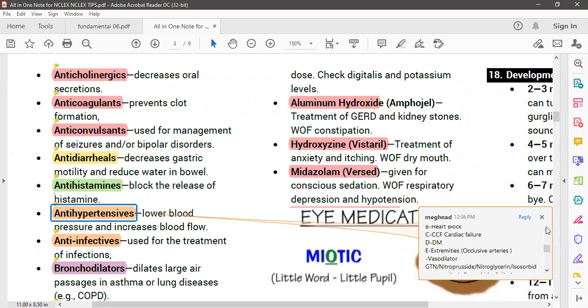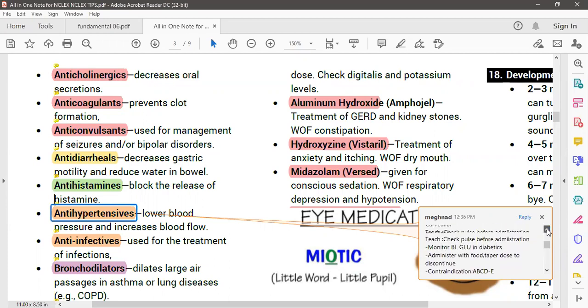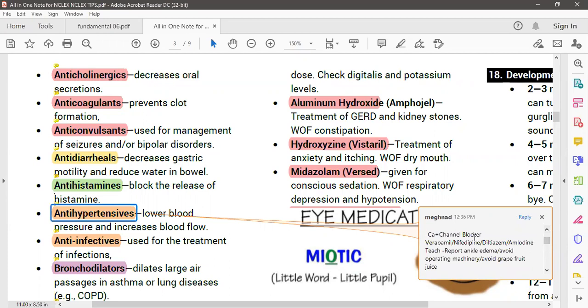And let me tell you something about the calcium channel blocker. We use calcium channel blockers to treat angina or hypertension. The common calcium channel blockers we use are verapamil, nifedipine, diltiazem, or amlodipine, right?